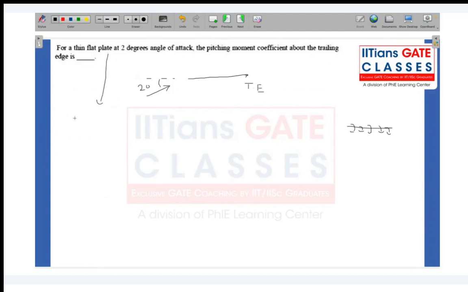If you have a thin symmetric airfoil, it's pretty much similar to a flat plate. For a thin symmetric airfoil, we know that the pitching moment coefficient at the leading edge is nothing but minus CL by 4, which we have already learned and derived from thin airfoil theory. So the moment coefficient at the leading edge is nothing but minus CL by 4.